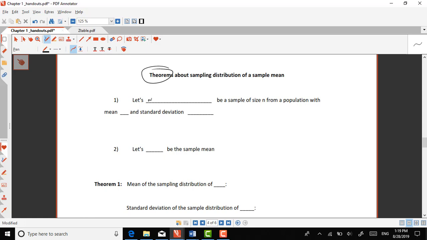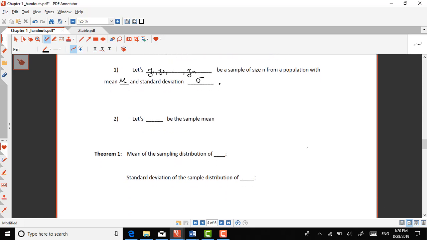Let y1, y2, up to yn be a sample, the original sample of size n from a population with mean mu and standard deviation sigma, similar to the example I was using before. And the sample mean is going to be y bar.